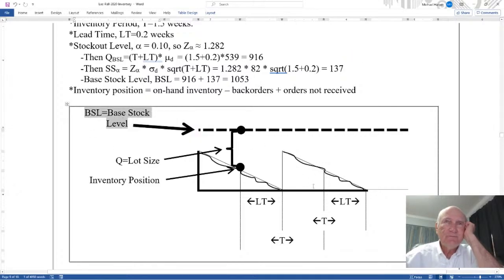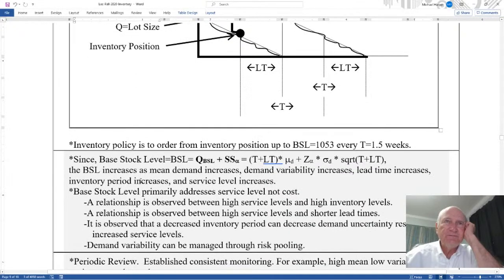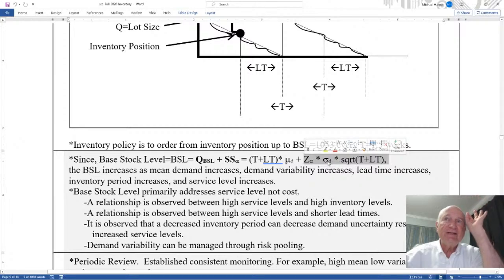Down here is the equation for the base stock level. You have the mean of the demand times the inventory period plus the lead time. The safety stock here is the same equation, with Z and sigma, except instead of just a lead time, we have the inventory period and the lead time.